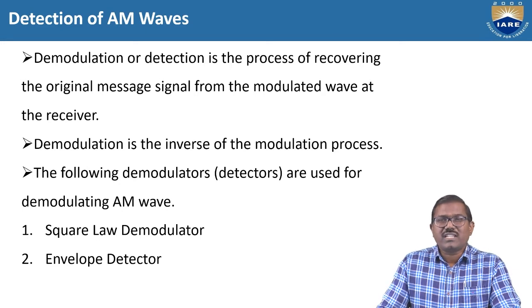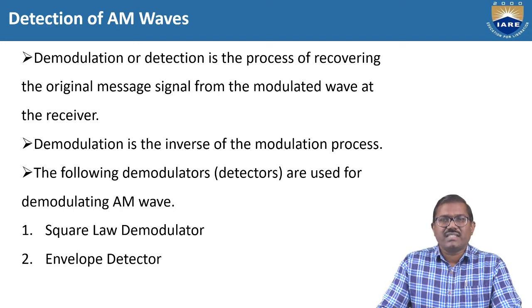In the transmitter, modulation is done. Already we discussed what is modulation and why we need modulation. So, demodulation is the inverse process, or reverse process, of the modulation.